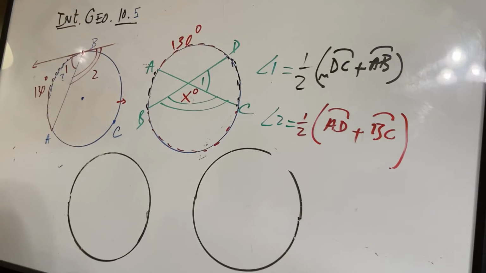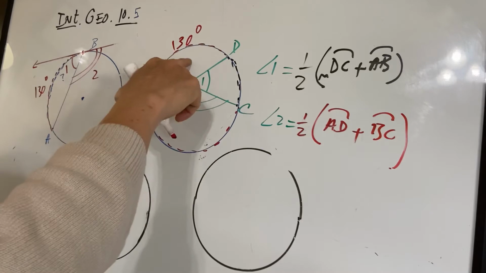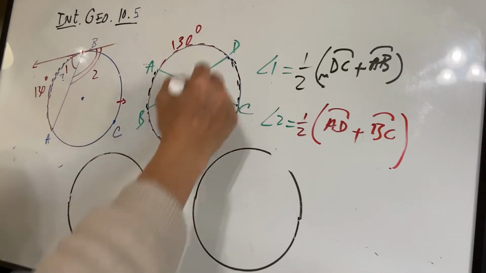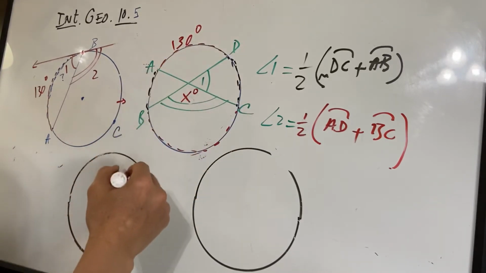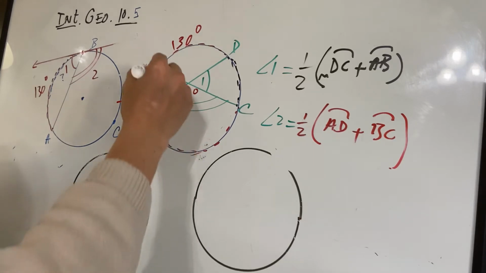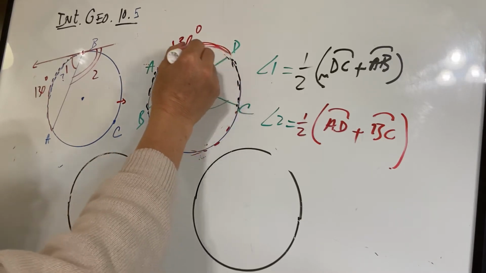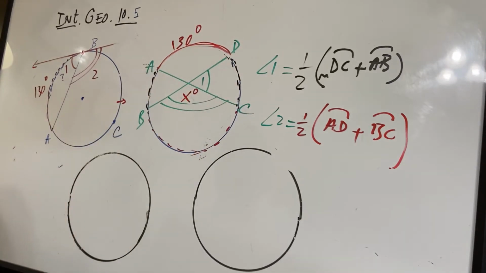AD is 130 degrees. Then what is BC? If this is already known as that, then BC is what? If AD is given, there we go.